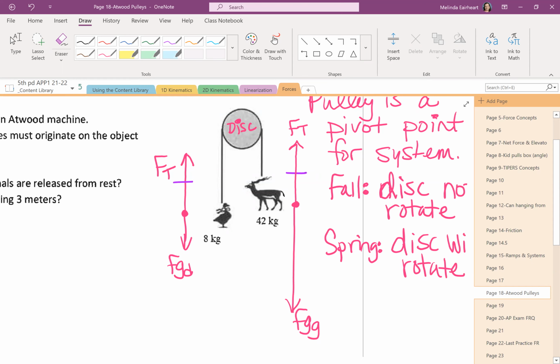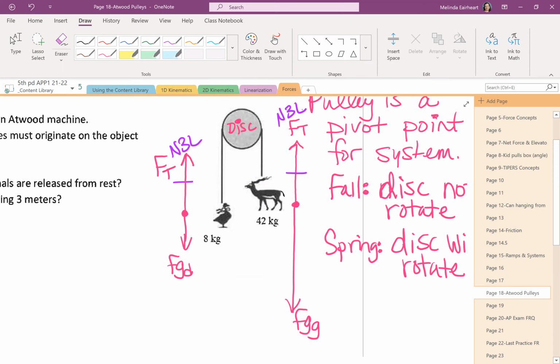And you just saw in the prior example, when you take a system approach, that I pull on you, you pull on me, the string pulls on the gazelle, it's also pulling on the duck. One is a forward direction, one's a backward direction. Those two are going to be a Newton's third law pair. It's going to be internal to the system, and so it'll cancel out. Good deal? I'll show you how.